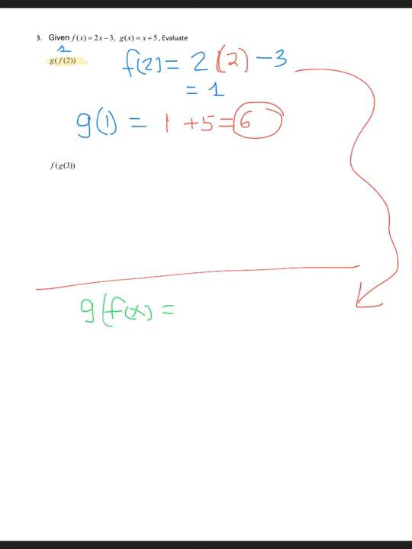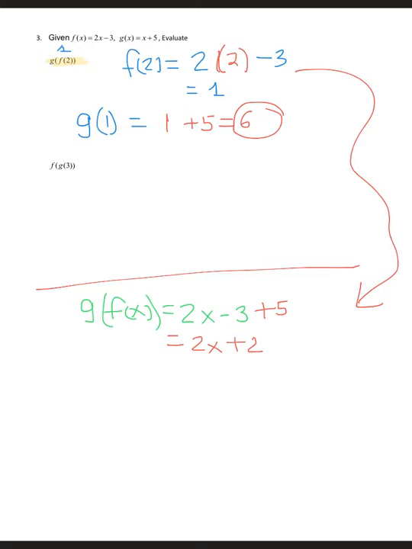I take the g function, and instead of the x, I'm plugging f of x. So it's going to be 2x minus 3 plus 5, which equals 2x plus 2.